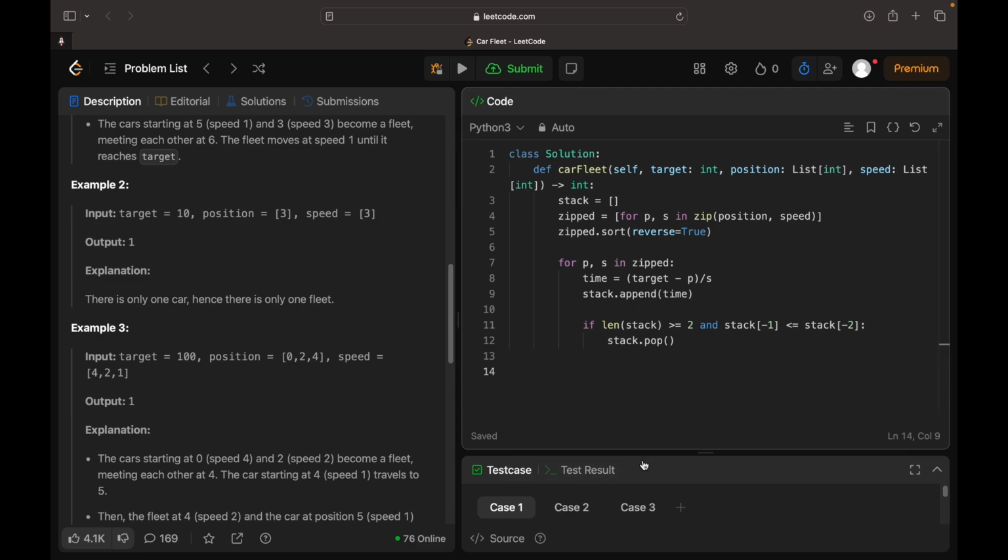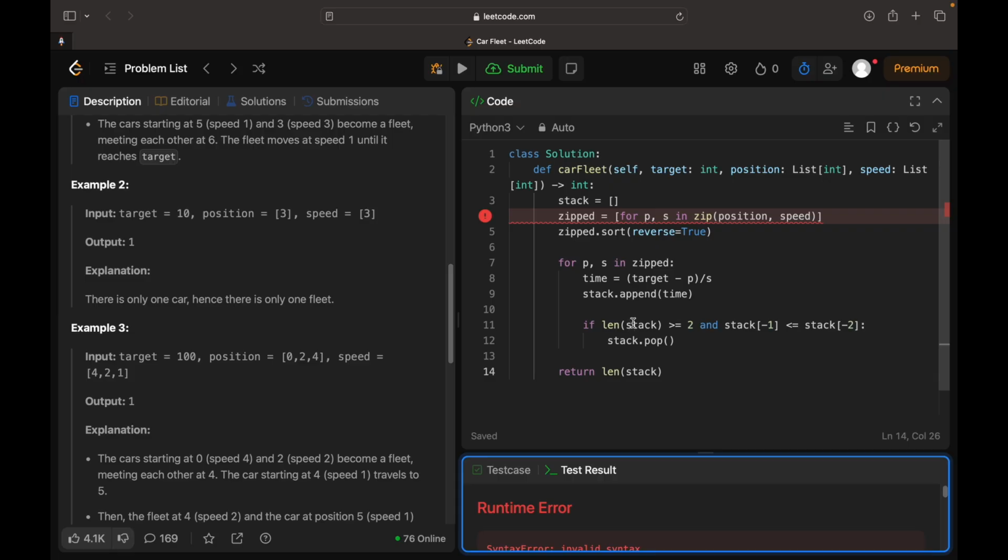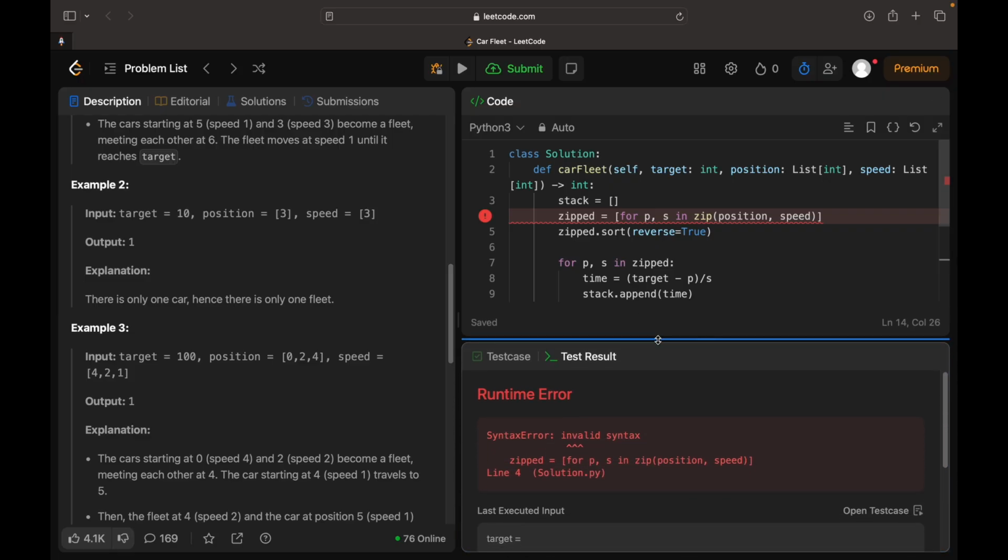So that is basically the entire solution. So what we can do is return the length of the stack, because we know at the end, the length of the stack is going to be the number of car fleets. So let's run it and see if that works out. And it doesn't. It says invalid syntax, that for p, s in zip is not allowed.